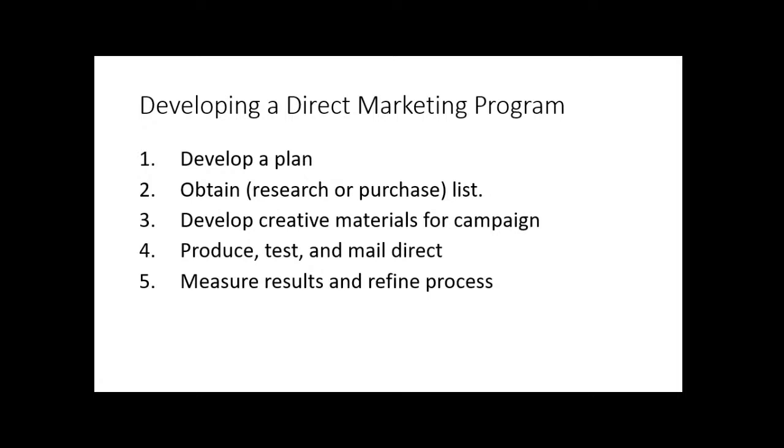But typically when we deal with salespeople who broker lists, what they want to do so that you're successful and so that you'll want to use them again is ask you, well, what's the profile of your donor? So it's a good idea to know that and to have some information about your donors, so you can say, most of our donors fall into this category. Maybe they're blue collar workers.